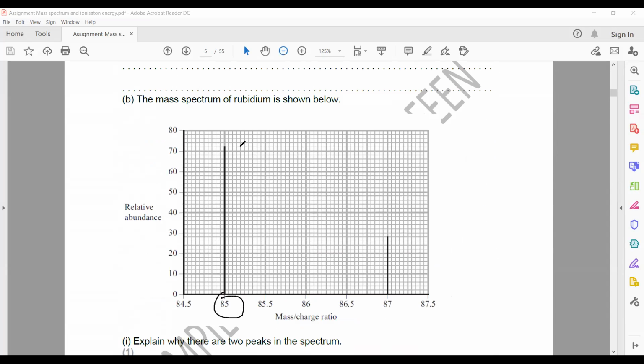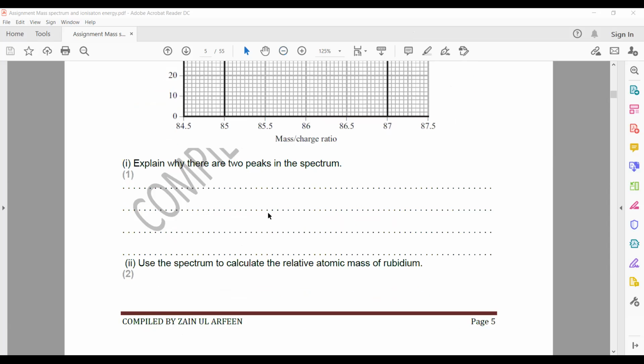So 85, this was 72%, and this is 87, which was 28%. So 72 multiplied by 85 plus 28 multiplied by 87, divided by 100. So we got the relative atomic mass of this sample.